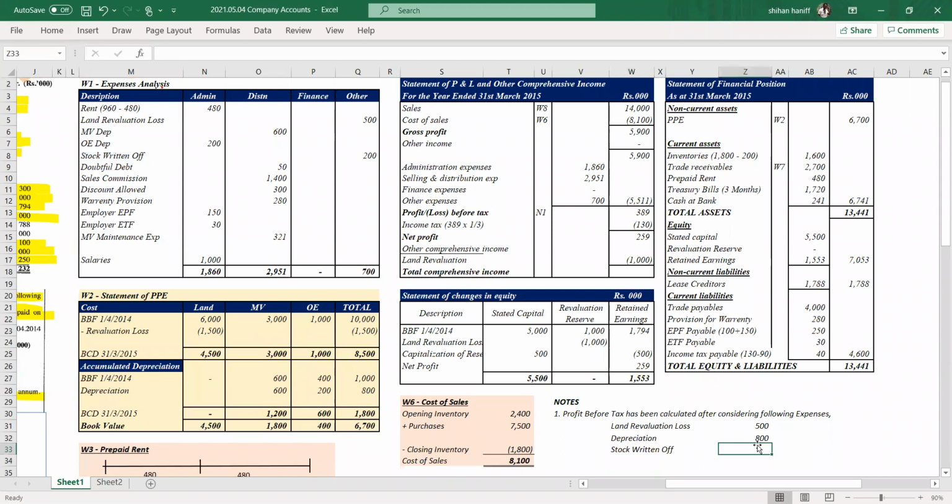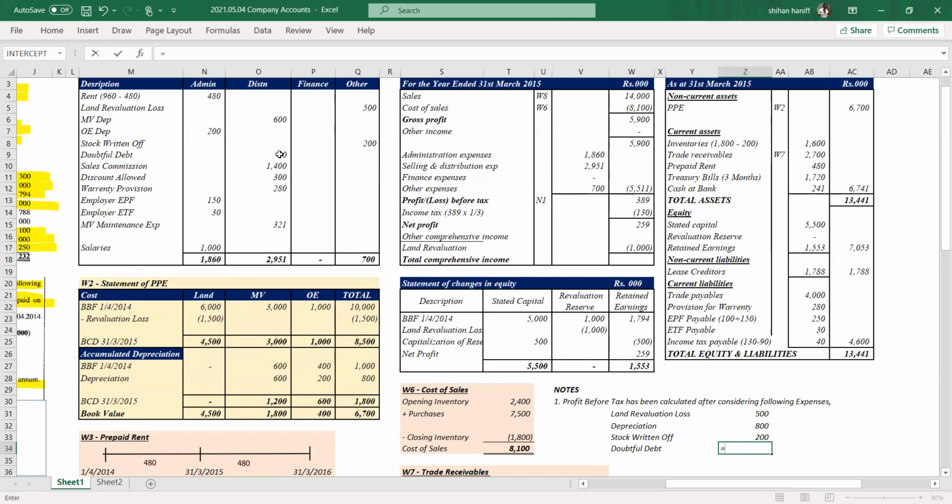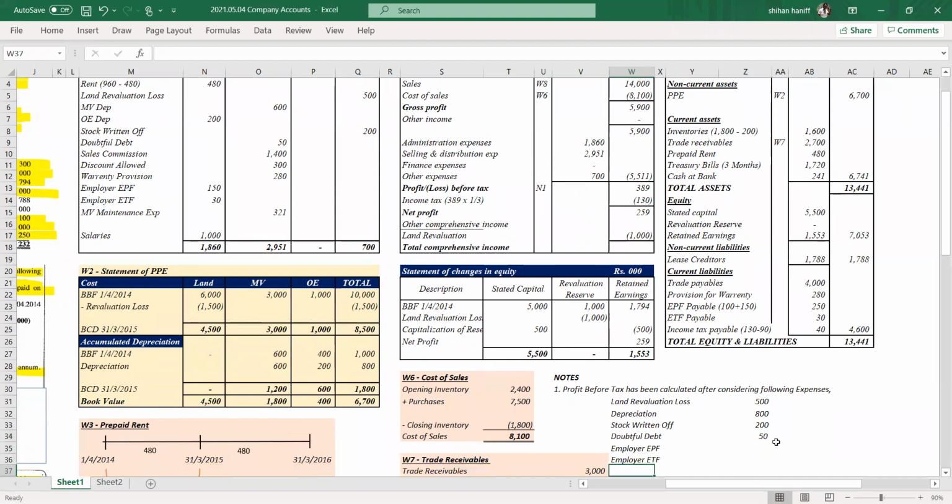Stock written off 200. No need to take all, but some of the main expenses you can take. You can also take doubtful debt. Right? That's it.